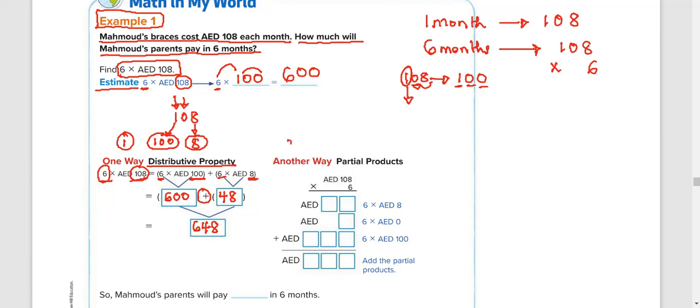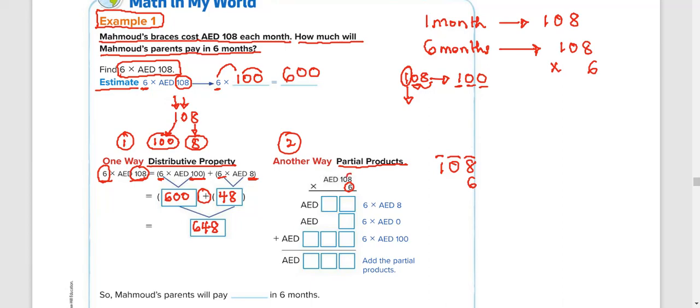So the second way, which is using the partial products, let's see how it goes. It says you have to use the number 6 to multiply all the digits in the ones place, in the tens place, and in the hundreds place. So to start with, 8 times 6.